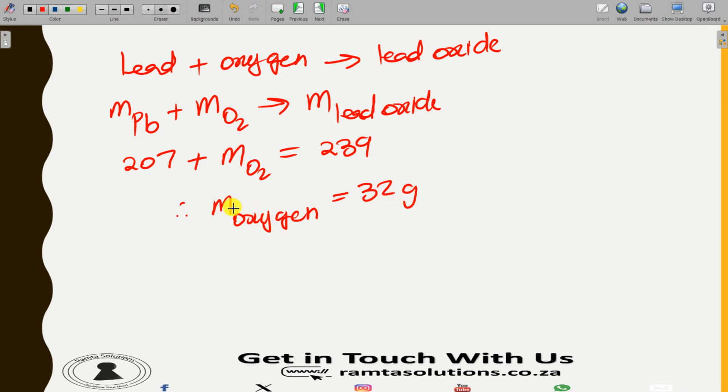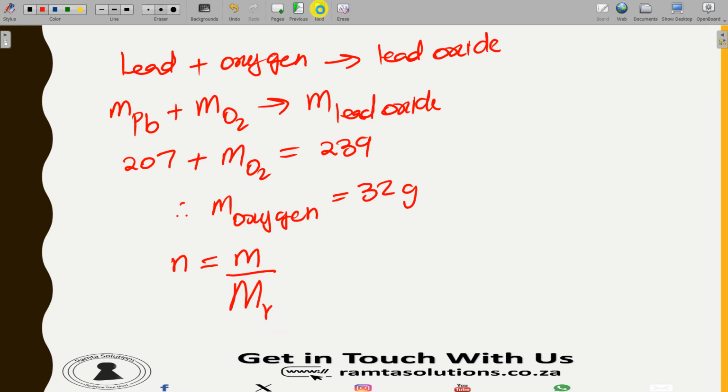Now note, you have the mass of lead, you also have the mass of oxygen. So now, number of moles, we know number of moles is equal to mass over molar mass.